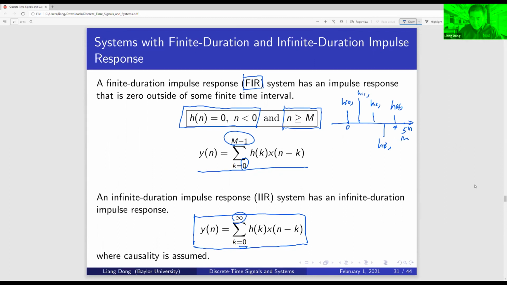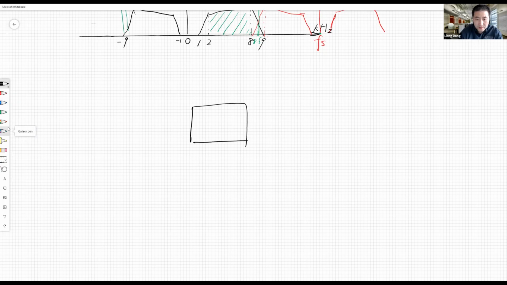Before I close for today, I want to ask a question. I wonder why this impulse response h[n] is so important. Here's my system, a linear time-invariant system, input x[n], output y[n].